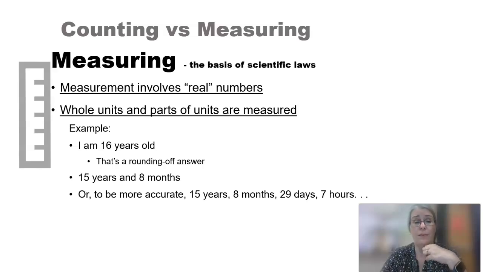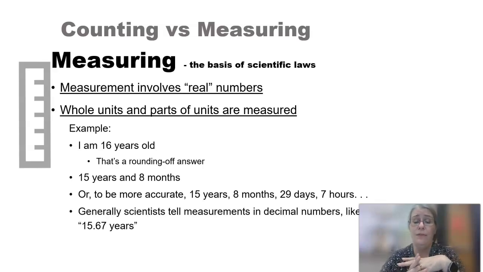Now, when we are doing a measurement, we are almost always going to do this as a decimal number. And there is actually a reason for that. If you use an exact fraction, that is implying that you know that number out into infinity. It is precisely, perfectly, exactly, say, 1/2 of an inch or a centimeter.